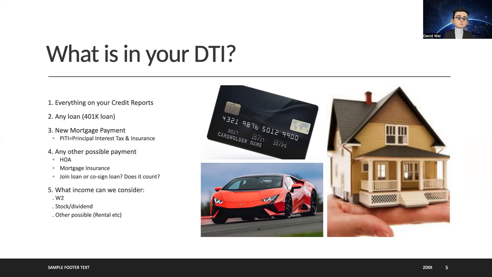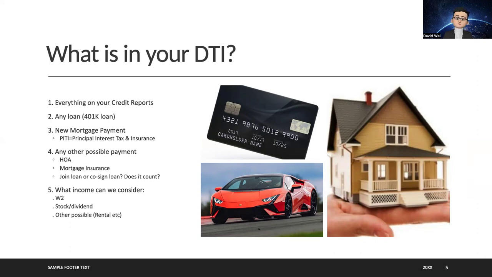If you say, David, what happened? I have a co-signed loan, or I helped someone co-sign a loan, or a loan that I helped my friend with, but I'm not really paying for it. Well, guess what? That will be on your credit report.